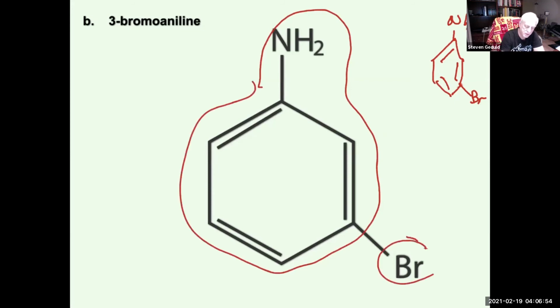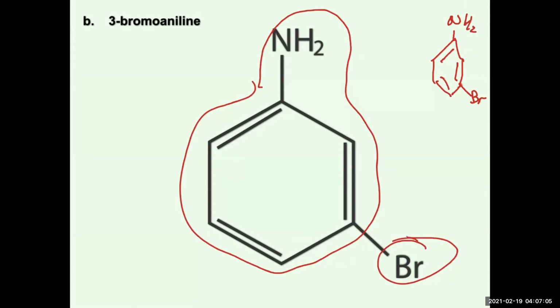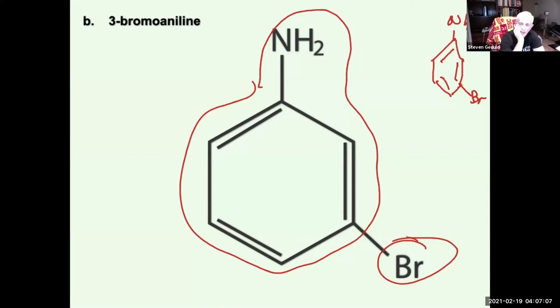And then there's a substituent at number 3. What could this also be named? What's another name you could use? Meta-bromoaniline. Perfect, perfect. Meta-bromoaniline, because meta just means a 1,3 position.